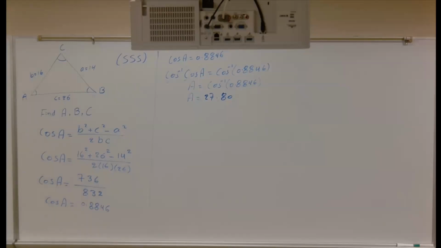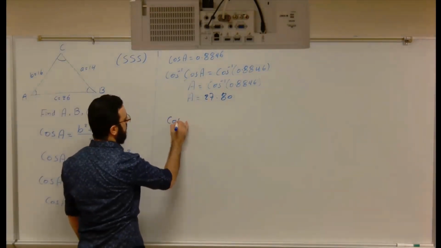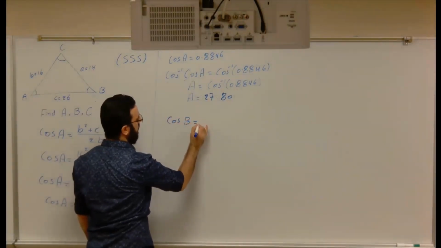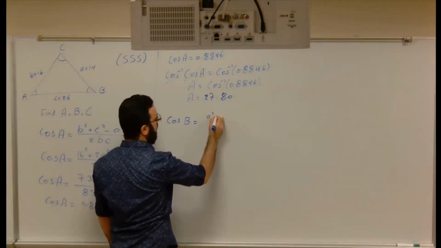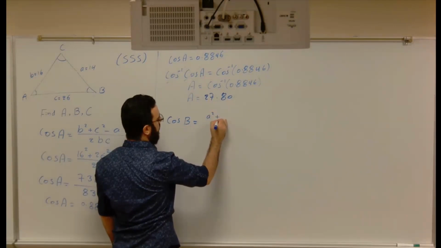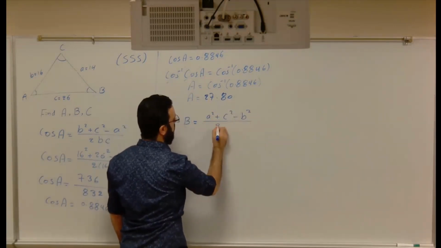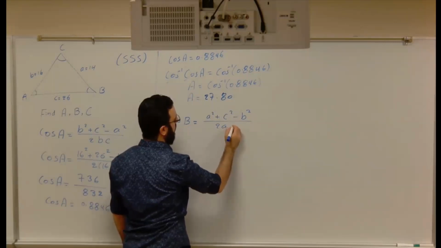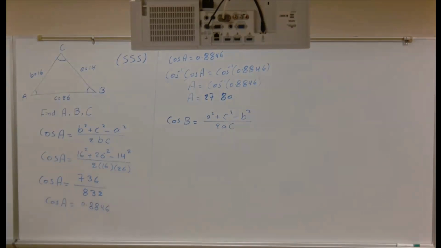Here we do the same thing to find B. That means cosine B is going to be A squared plus C squared minus B squared over 2AC. Because we have 3 sides, we're going to do the same thing.